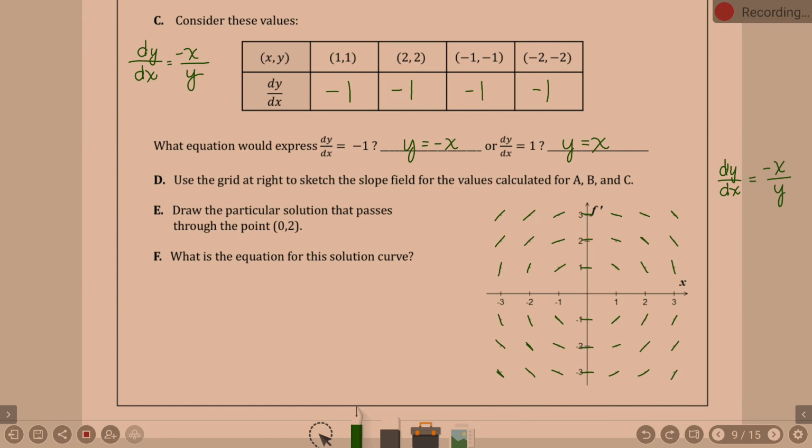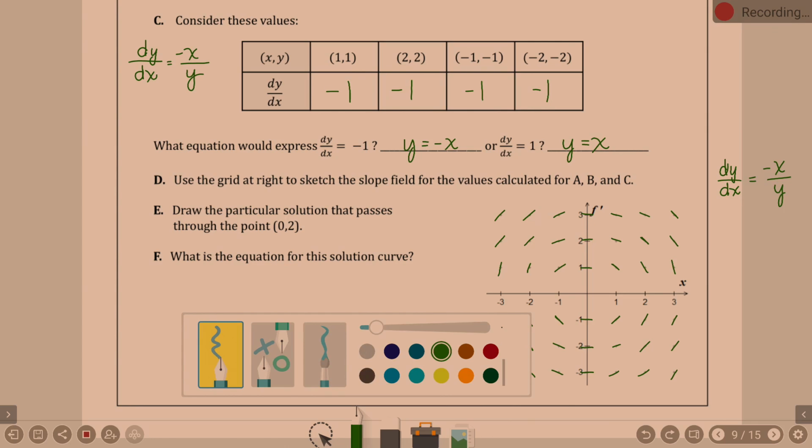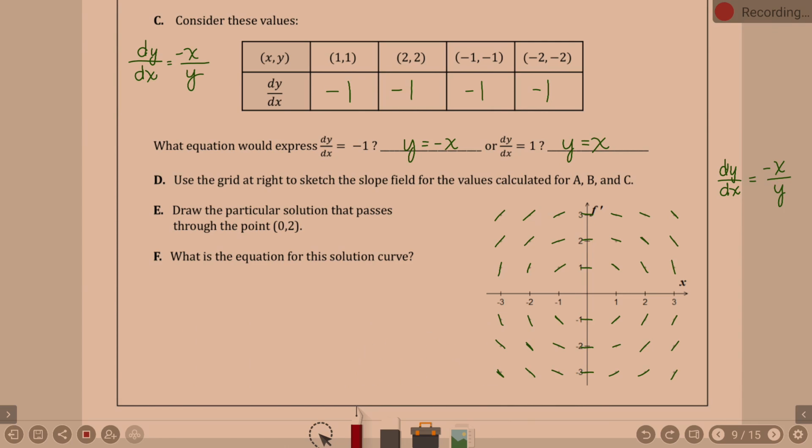So, we just did part D. Use the grid at right to sketch the slope field for the values entered for A, B, and C. Draw the particular solution that passes through point (0, 2). So where's (0, 2)? The y-axis. Okay. What are we drawing? Circle.